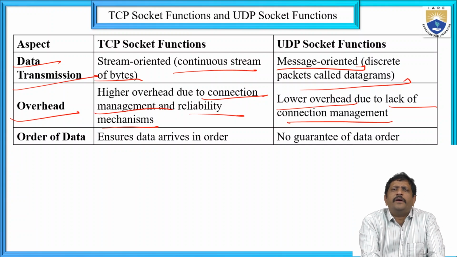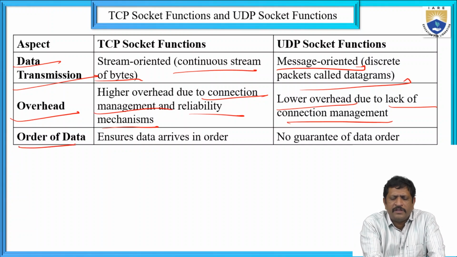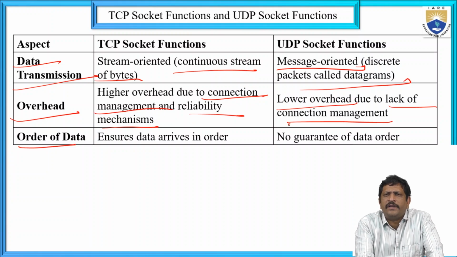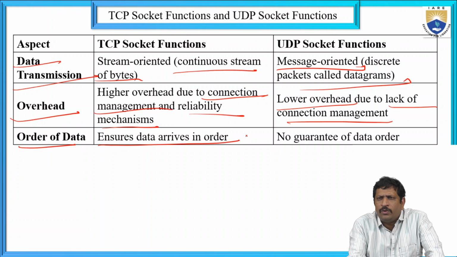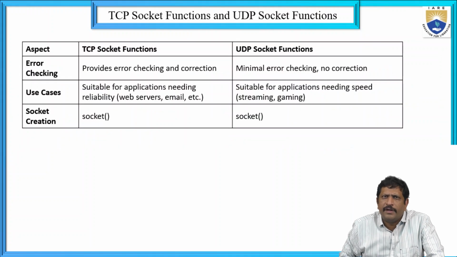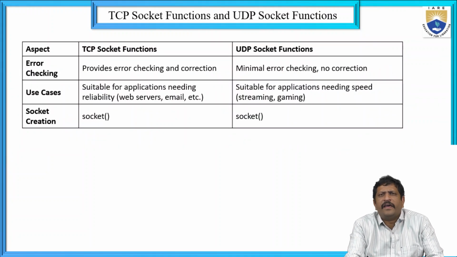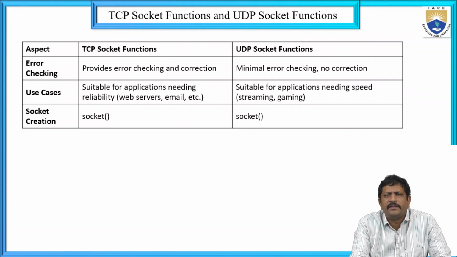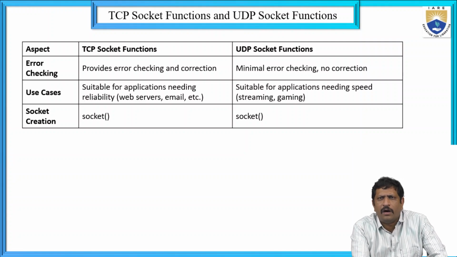Ordered data: TCP ensures the data arrives in order, while UDP gives no guarantee of data order. Next is error checking.